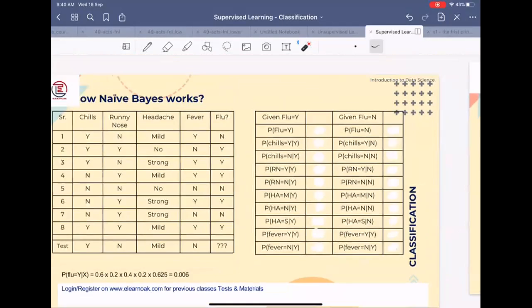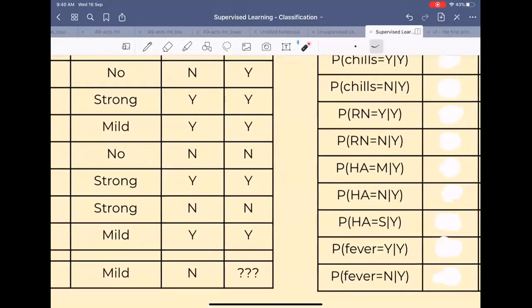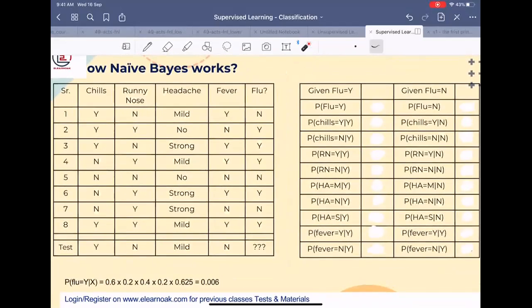Very quickly, I will ask you certain questions, and you try to answer the best you can. If many of you are saying it wrong, then I will explain how to evaluate it. Question number 1, what is the probability of flu being yes? Can someone answer this?